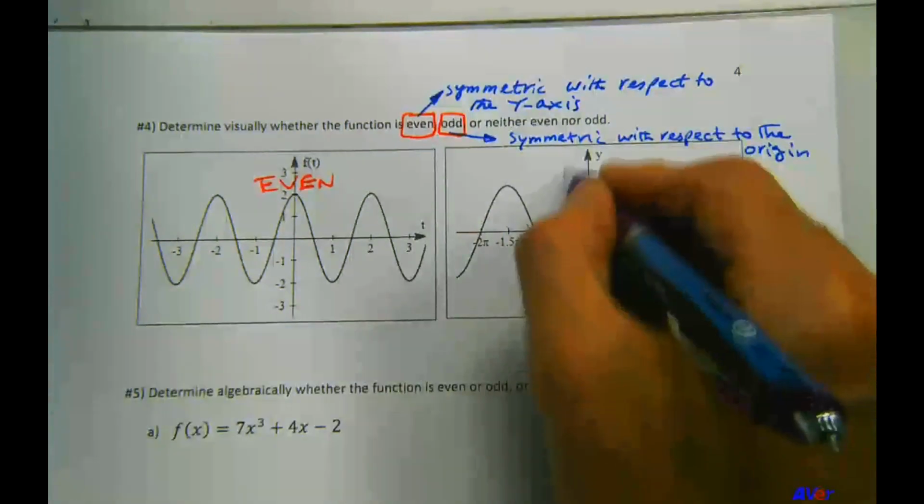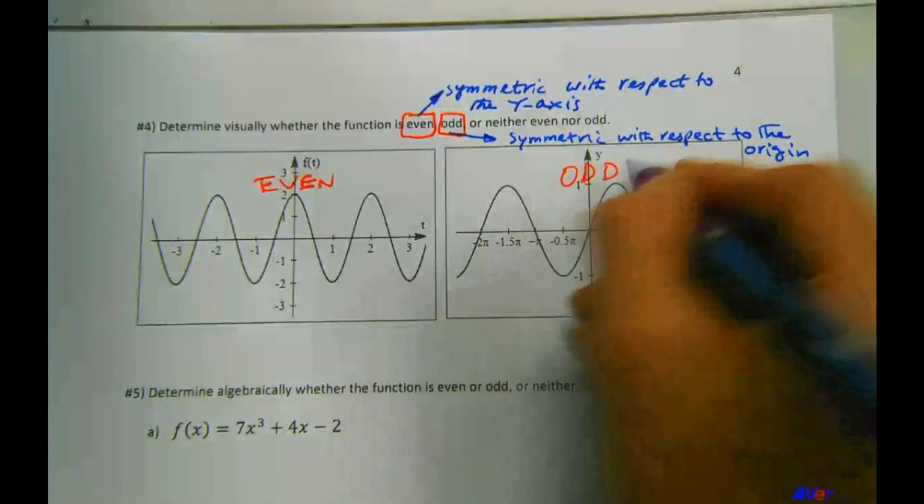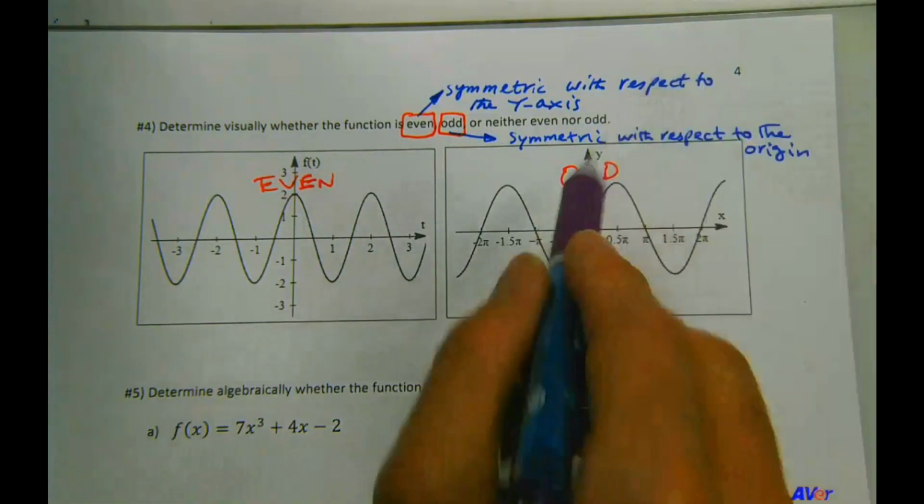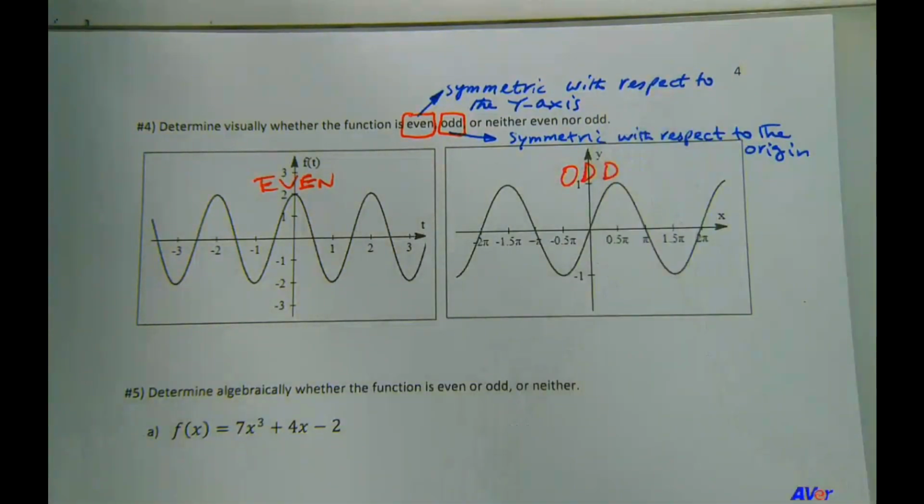So this is an odd function. As a matter of fact, in trigonometry, if that course is part of your study program, you will see that this is the sine function, that's the cosine function. And the cosine function is famous for being an even function, and the sine function is famous for being an odd function.